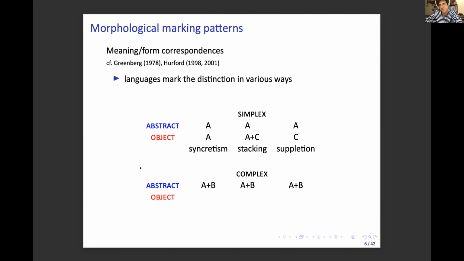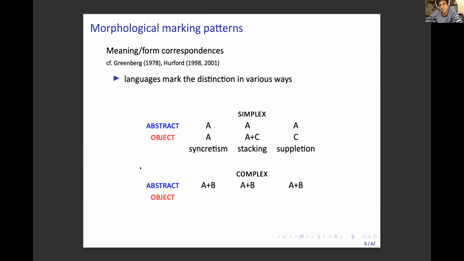Okay, and the basic thing that we're going to be looking at is how these two different functions are morphologically marked. And in our previous work, we have been looking at the differences between abstract counting and object counting numerals.